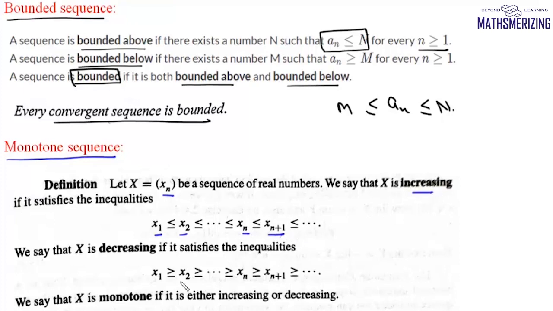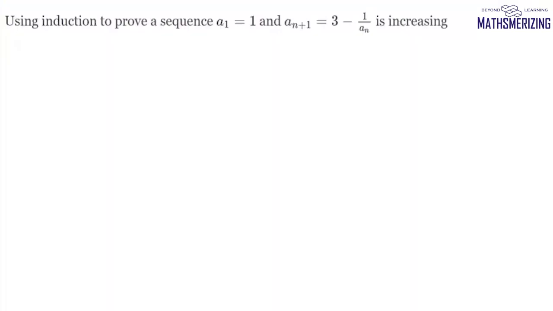In the same way, if x1 is greater than or equal to x2 and xn is greater than or equal to xn plus 1, we say that the sequence is decreasing. A sequence is said to be monotone if it is either increasing or decreasing. So if we have to prove any sequence is monotone, we need to prove that either it is increasing or it is decreasing. Now let us take up a question.